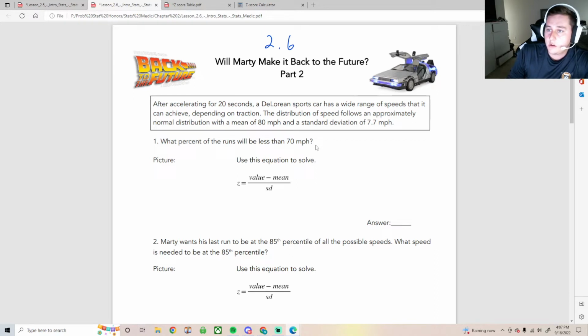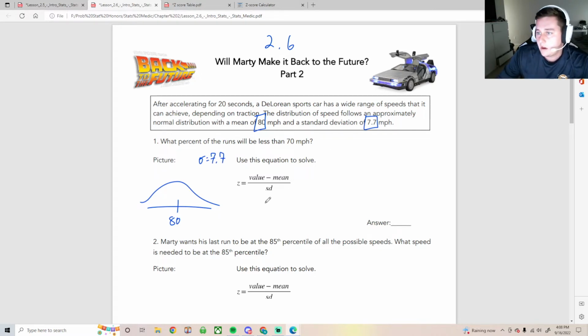So here's the mean, here's the standard deviation, and honestly, don't draw the whole picture. I never draw the whole picture. Just draw the curve. It doesn't even have to look good. And then the mean is 80. Standard deviation is 7.7. I'm going to just write this down somewhere just for the sake of having it. But other than that, I'm not too worried about it.